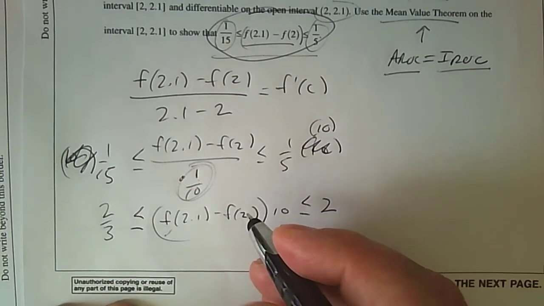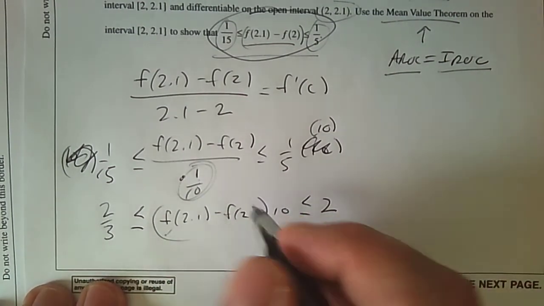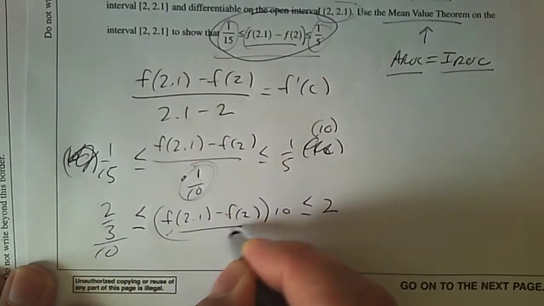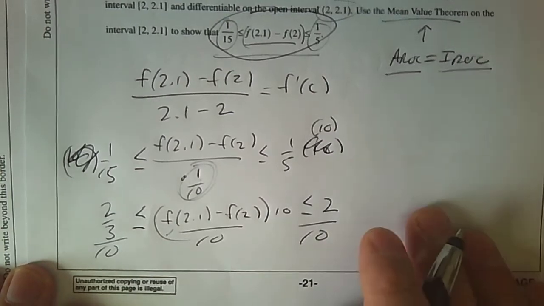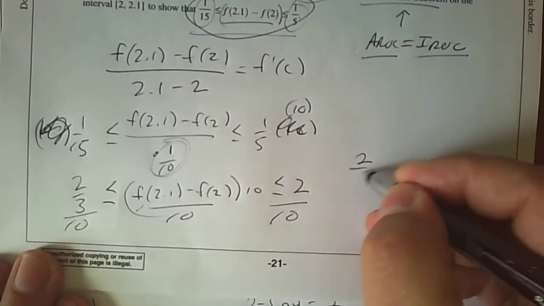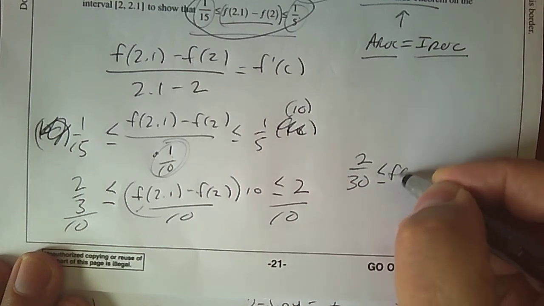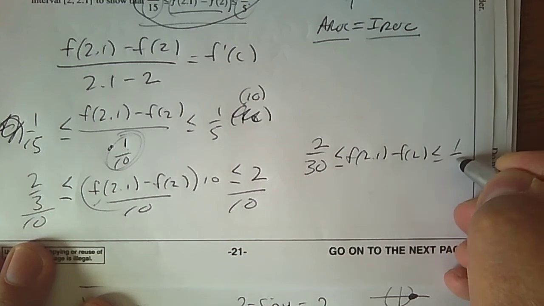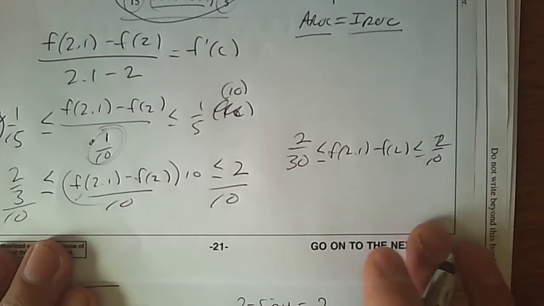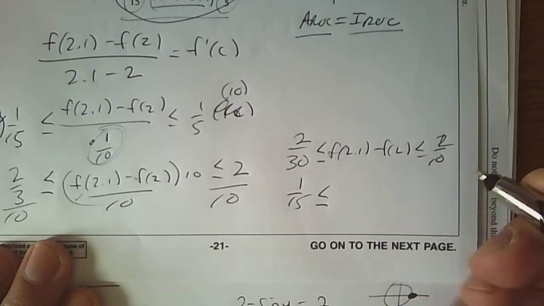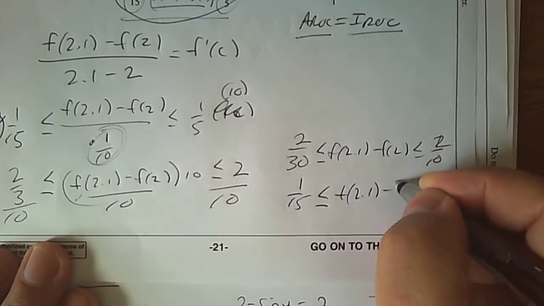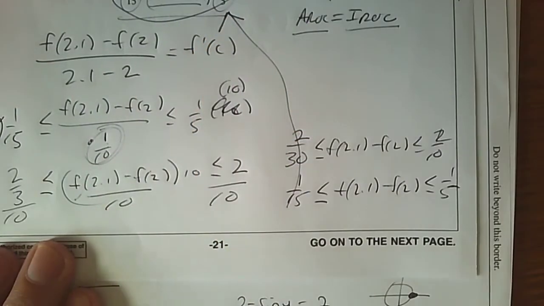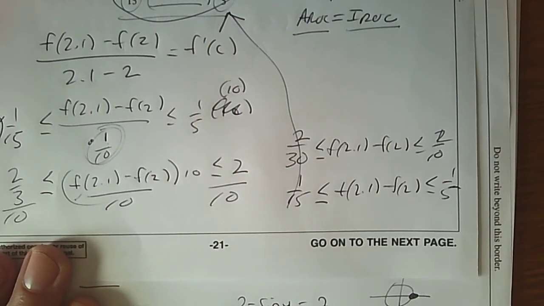Then, if I divide everything by 10, what I see is 2 over 30 and 2 over 10. So I see 1 over 15 and I see 1 over 5. And I show that that is equal to that, the A rock and the I rock.